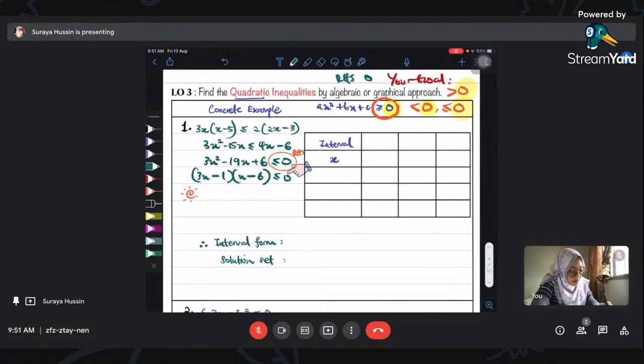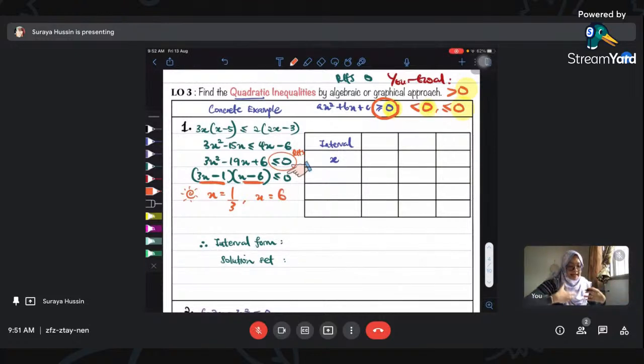So now I make a sun here. The simbol matahari kat sini adalah X bersamaan dengan, jadikan X sebagai subjek. So X is equals to 1 over 3, comma X is equals to 6.